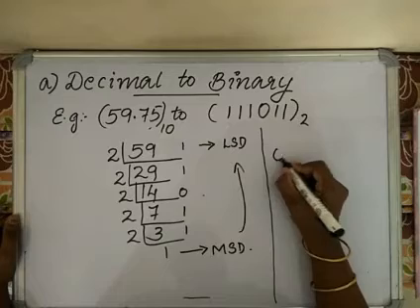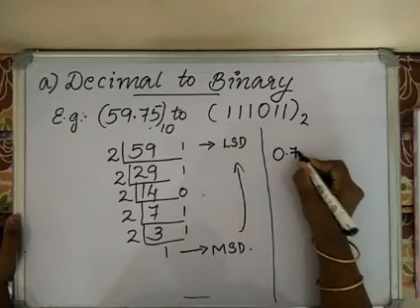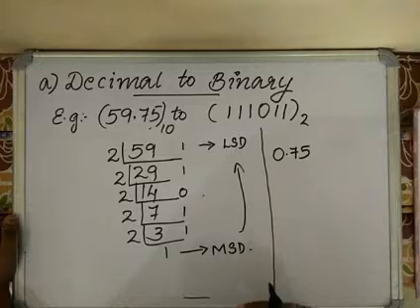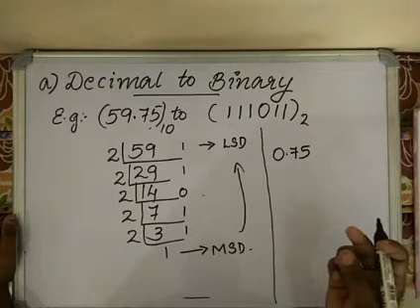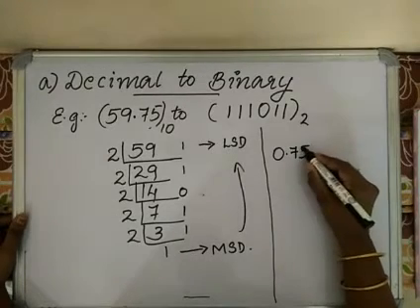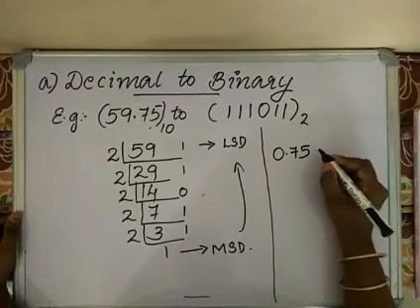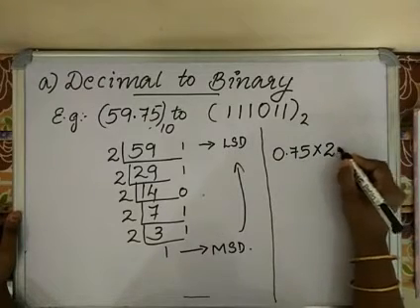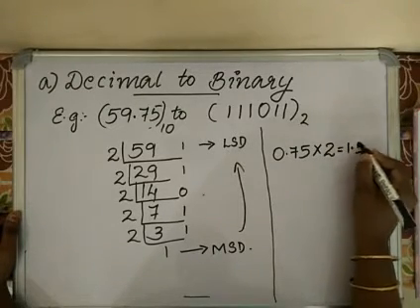For the fractional part, we are not dividing by 2. Instead, we are multiplying the number by 2. So 0.75 is the fractional part. I am multiplying it by 2. So we get 1.5.